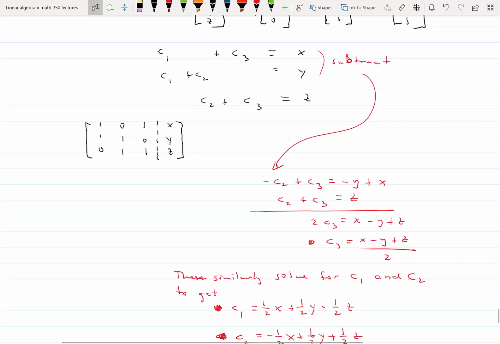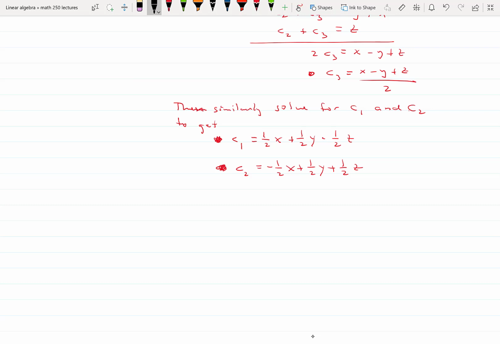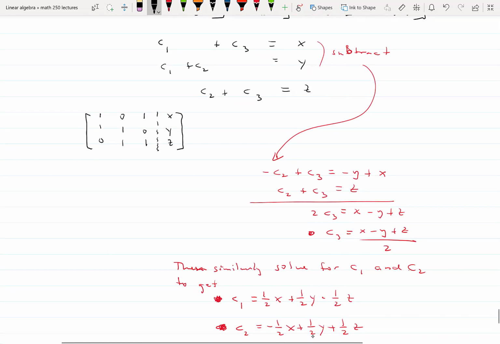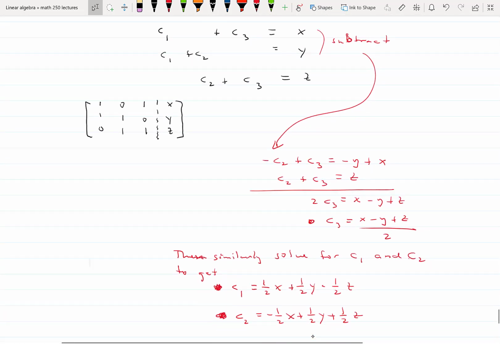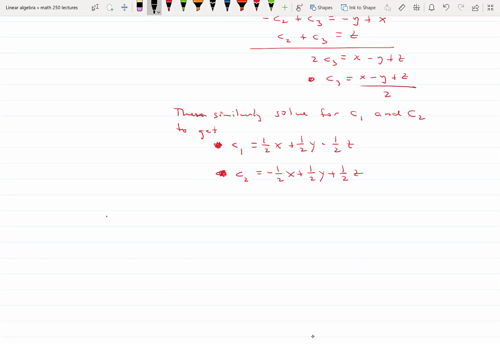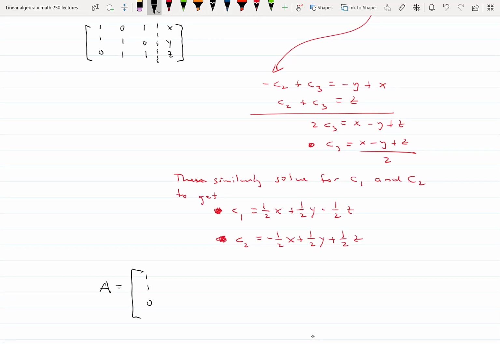But I want to use inverses instead, matrix inverses, rather than row reducing, or not row reducing, but solving by hand. I'm trying to encourage you guys to use your calculators as much as possible. Ultimately, you guys are science majors, and you're going to be using computers and stuff to do your work. But we could take a look at not the augmented matrix, but just the coefficient matrix: 1, 1, 0, 0, 1, 1, 1, 0, 1.